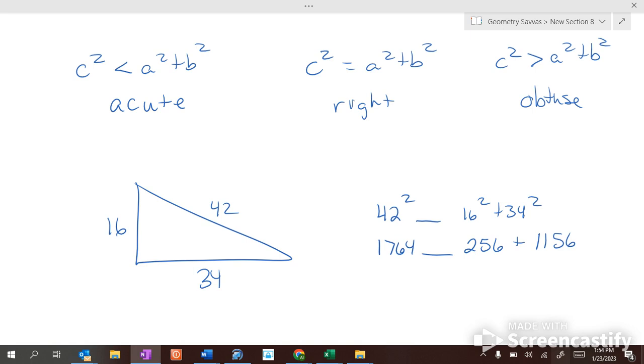So this is what, 1412? Yeah. So it's greater than? So this would be?